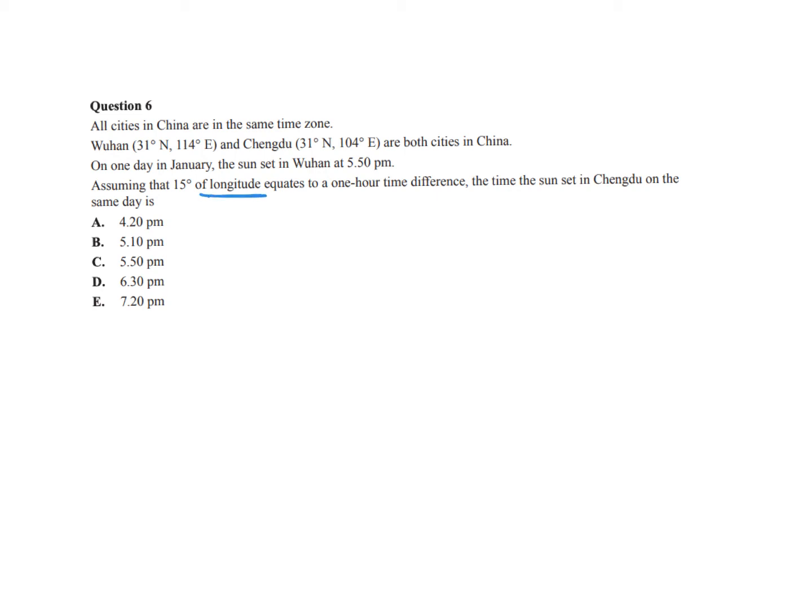Now, the longitude values are the east and west ones, yeah? So you can see the east and the west there. If you look, Wuhan is 114 east and Chengdu is 104 east.